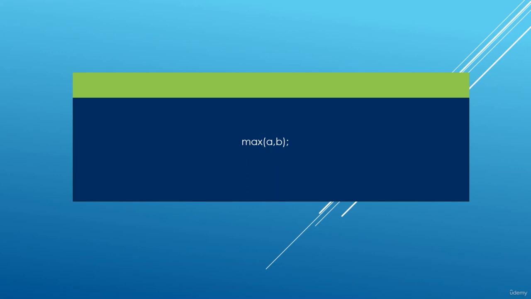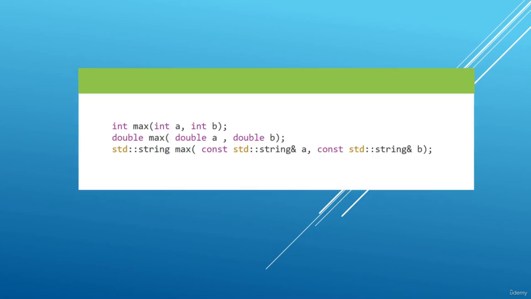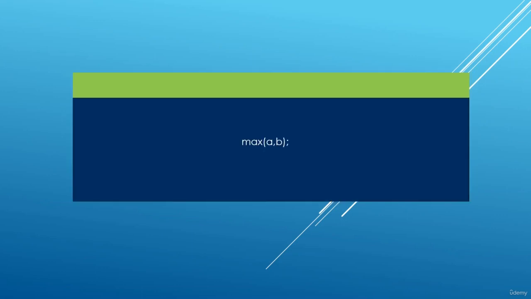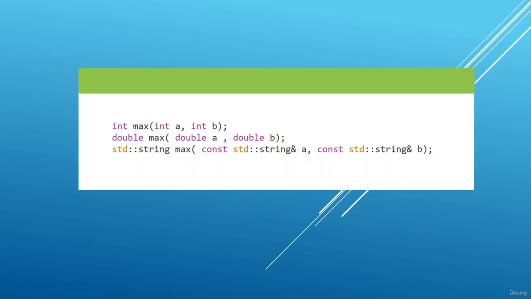For example, here, if we have a few variables in our program, we can call the max function and the compiler is going to select the most fitting overload here. So for example, if we call our function with integer arguments, the compiler is going to choose this overload here.